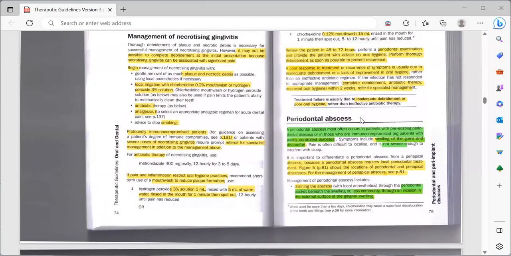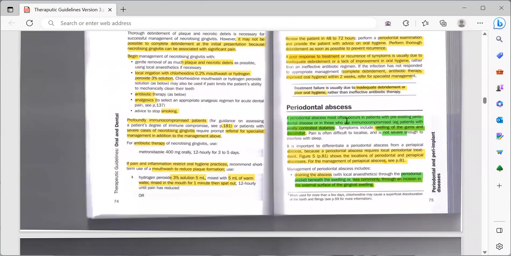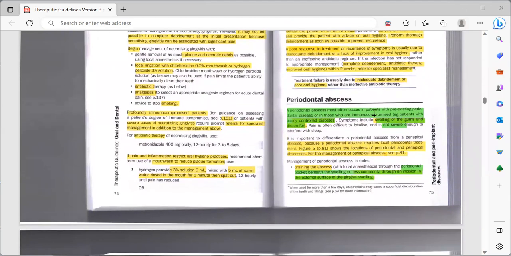Then periodontal abscess. A periodontal abscess most often occurs in patients with pre-existing periodontal disease or in those who are immunocompromised. The periapical abscess, which starts from the tooth where the nerve got infected, with pulpitis and all those things, is more commonly seen as compared to periodontal abscess.